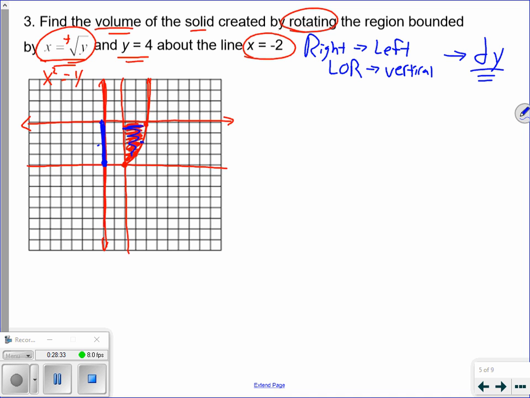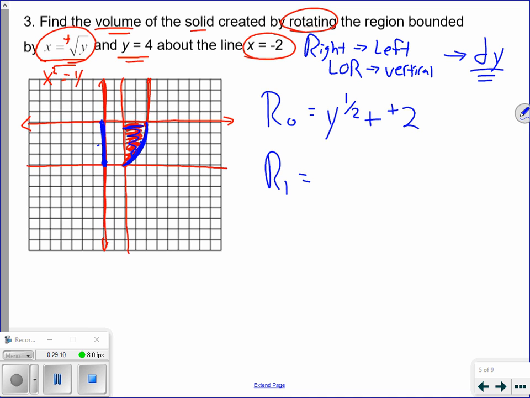Okay? So the outermost function away from my line of revolution is that equation, the square root of y, which is already in terms of y. So we're good there. So my outer radius is the square root of y minus my line of revolution. I'm just going to say, to help us out, y to the 1/2 power. Subtract my line of revolution, or plus positive 2.